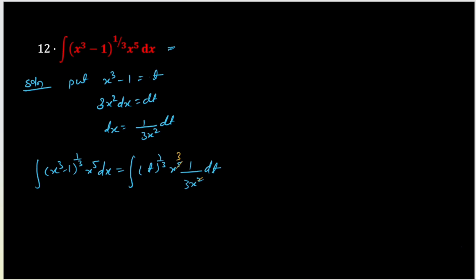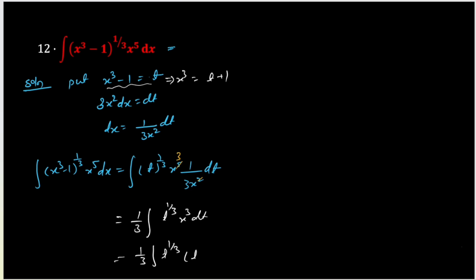So the integral becomes 1 by 3 integration of t power 1 by 3 and x to the power 3, where x to the power 3 is equal to t plus 1, into dt.